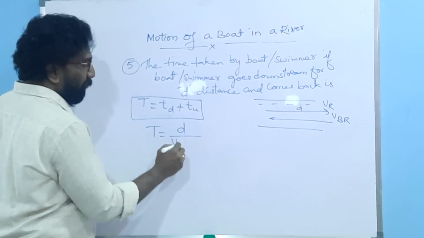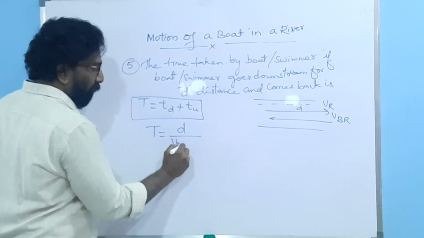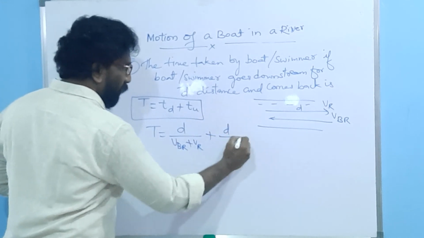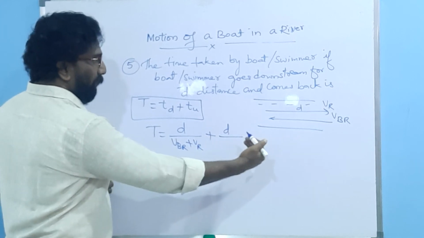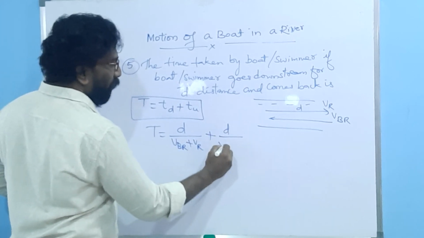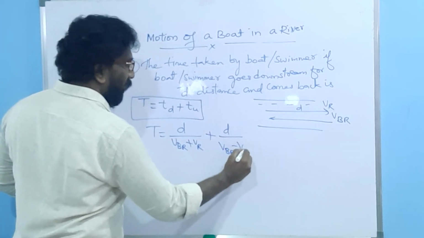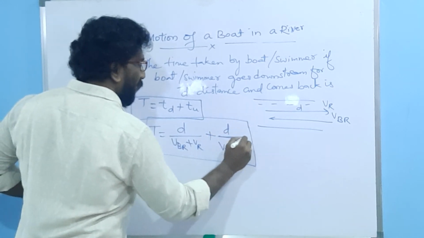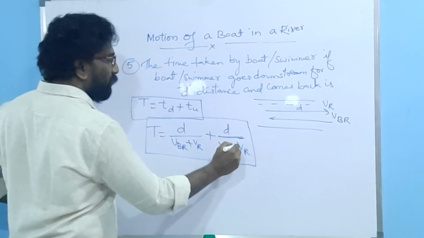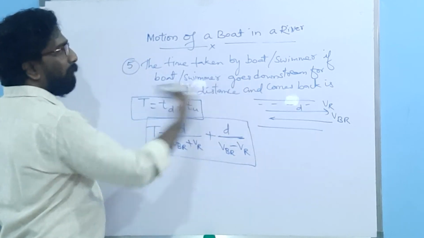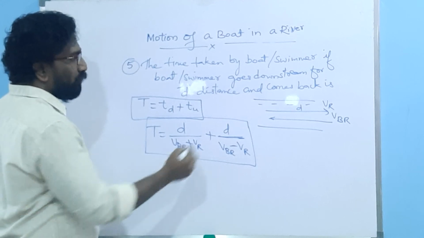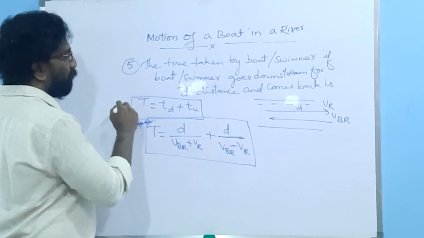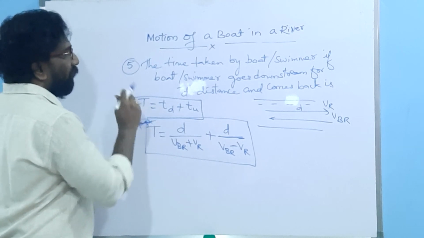For downstream, it is going along with the water, so it will be VBR plus VR, plus upstream, distance d over net velocity, coming against the flow of water, VBR minus VR. So this will be the total amount of time traveled by a person or the boat downstream and again coming back the same distance. So this fifth formula is very important regarding upstream and downstream numericals.